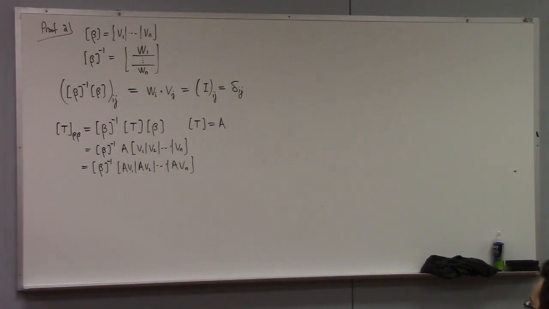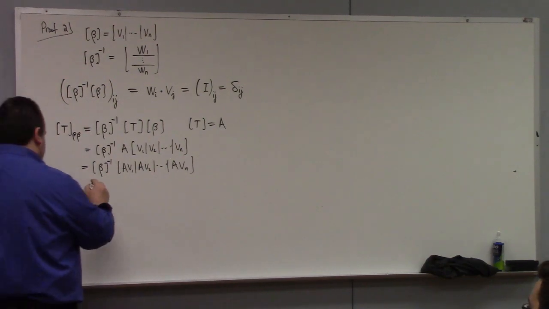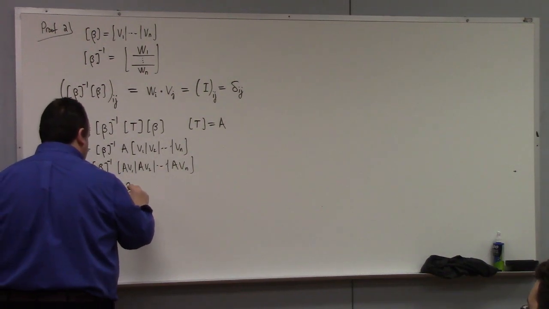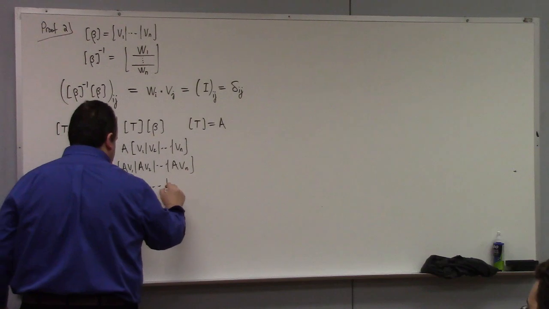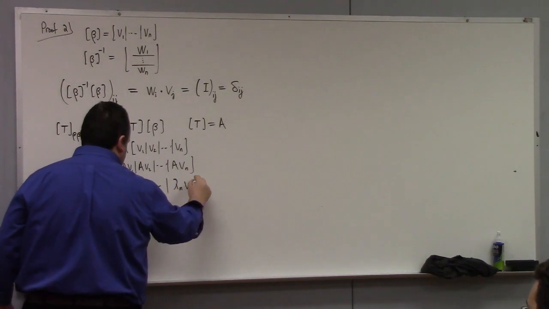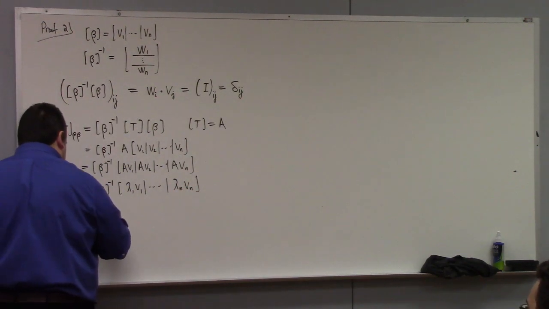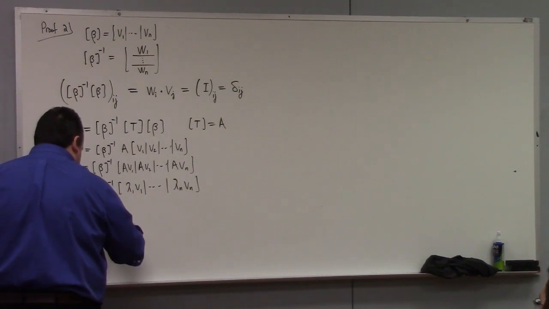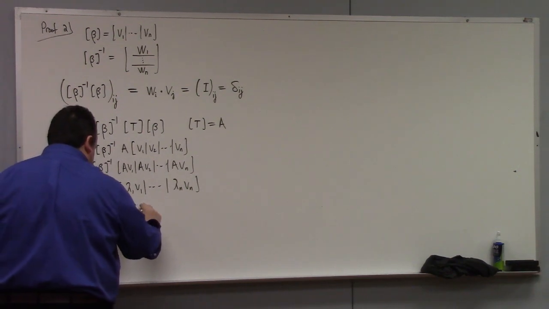That's a property of matrix multiplication. But what did we assume about V1 through Vn? We assumed that they're eigenvectors for A, actually. So by the assumptions of the theorem, we've got beta inverse times lambda 1 V1 all the way on to lambda n Vn. Which then, if you look at it, you've got W1 through Wn times this thing, right?